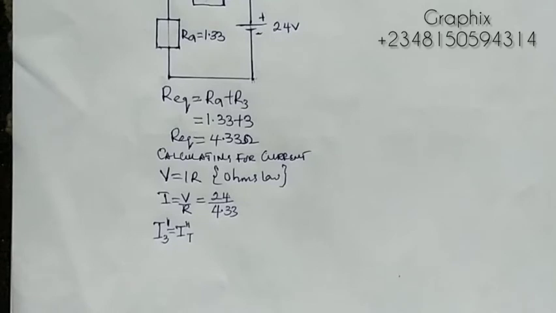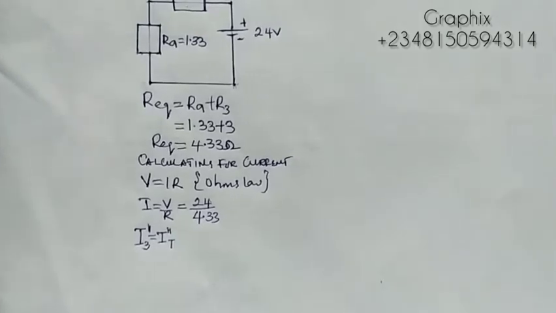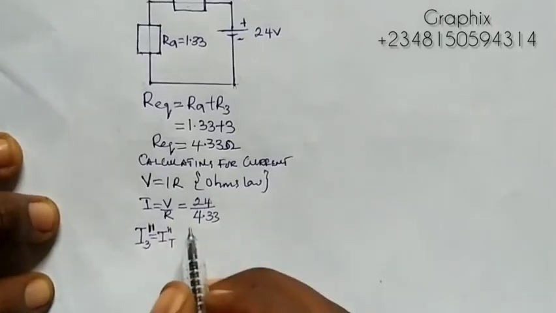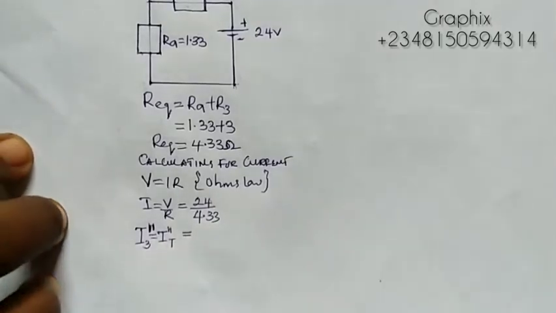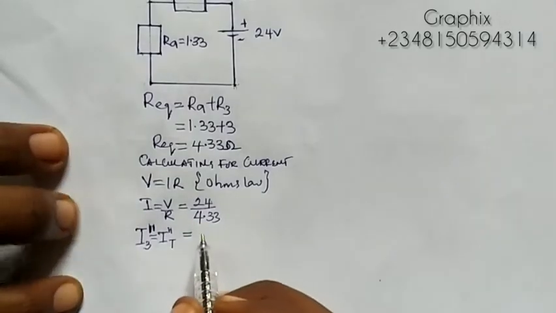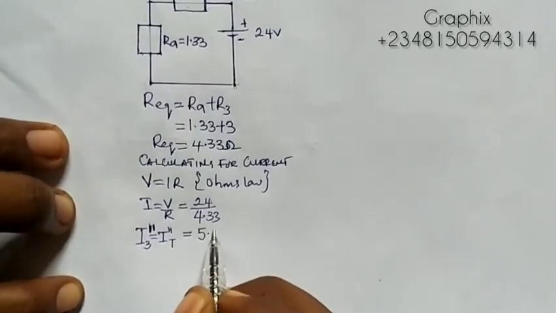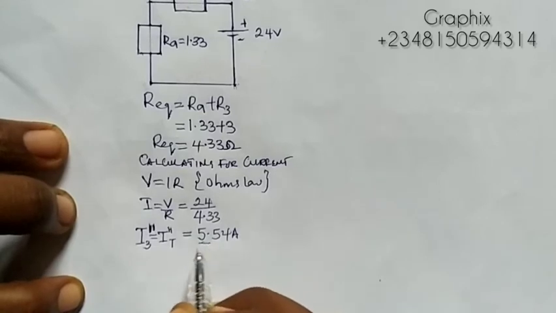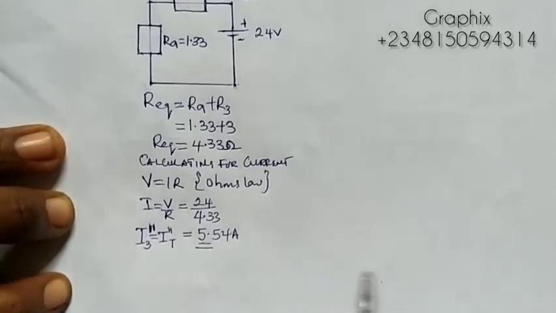So from here we move forward, so that will be I prime prime equals to 24 divided by 4.33, and that will be 5.54. So we have 5.54 amperes. So this is the I total given here.